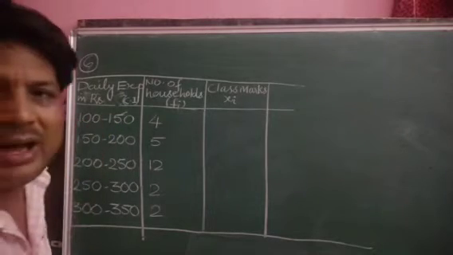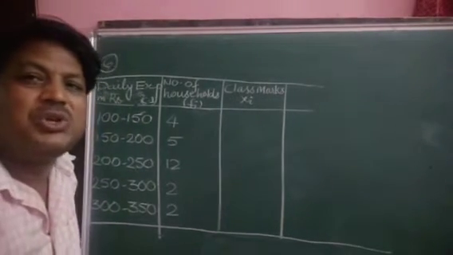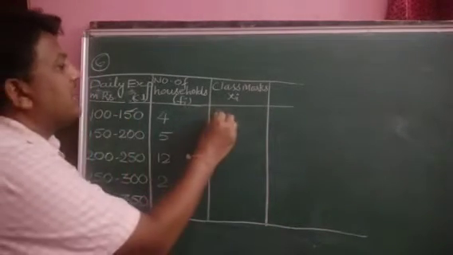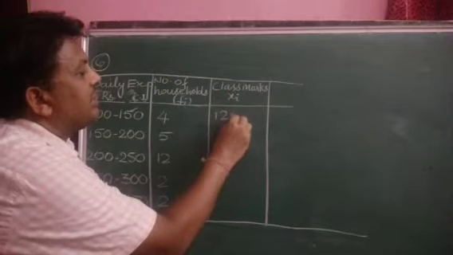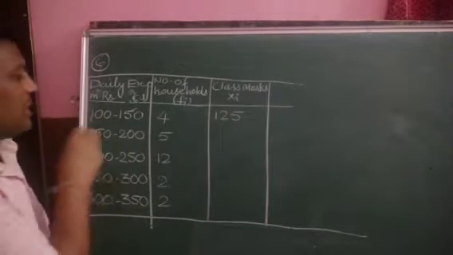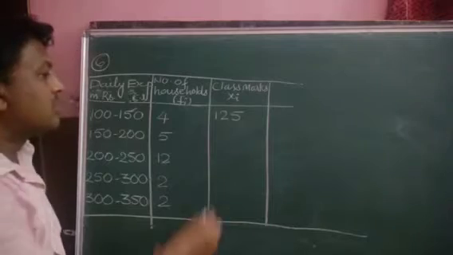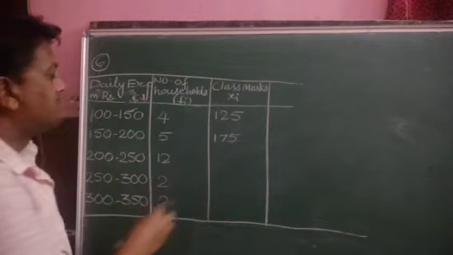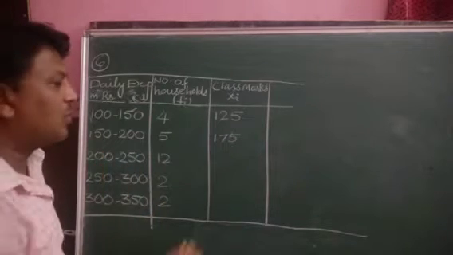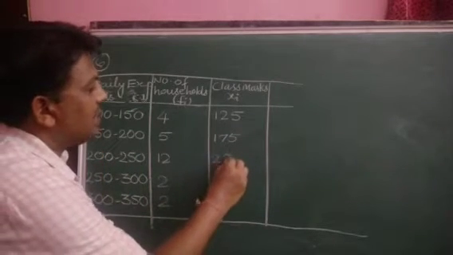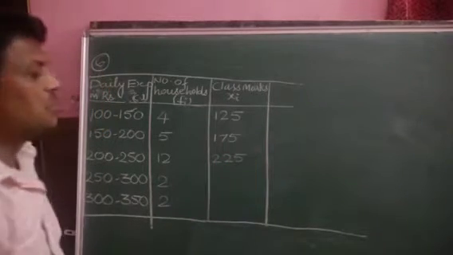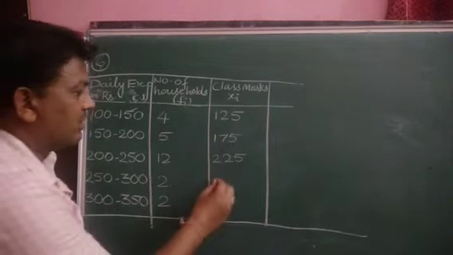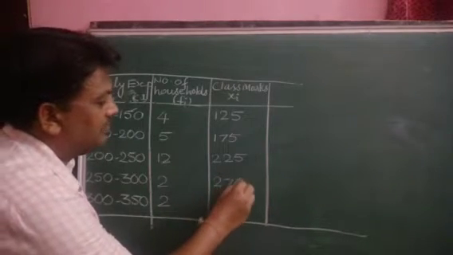So 100 plus 150 is how much, children? 250. 250 divided by 2 is 125. 150 plus 200 is 350, 350 by 2 is 175. 200 plus 250 is 450, divided by 2 is 225. 250 plus 300 is 550, that is 275.